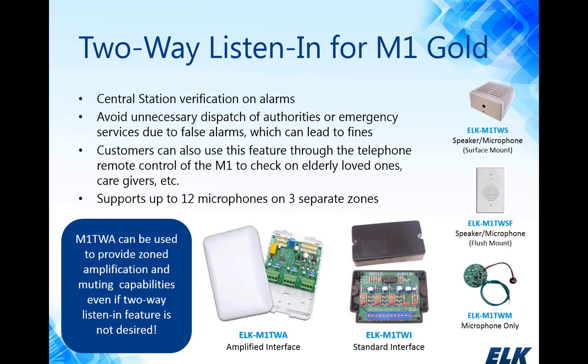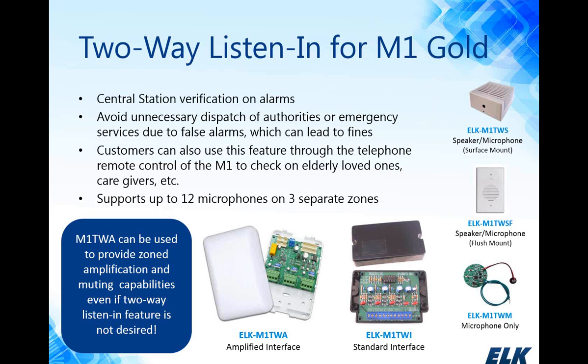The M1 TWA is a little bit different. It's still part of the two-way listen-in interface, but it also has the capability for you to connect your speakers to the M1 TWA, and you have 3 zones of individual volume control. You also have the capability of muting certain speakers using the rule engine.